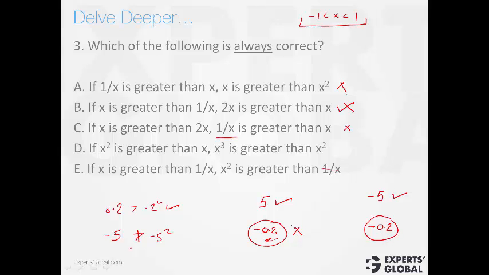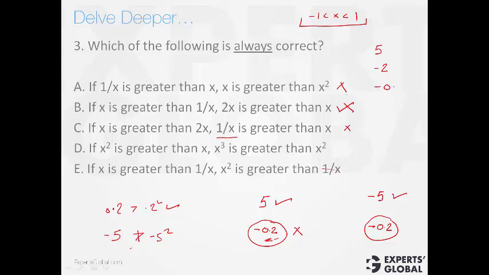Option D, x square is greater than x. So this is possible in two cases. One case when x is a big positive number, let's say 5, and it is also true when x is negative. It can be a big negative value or a small negative value.